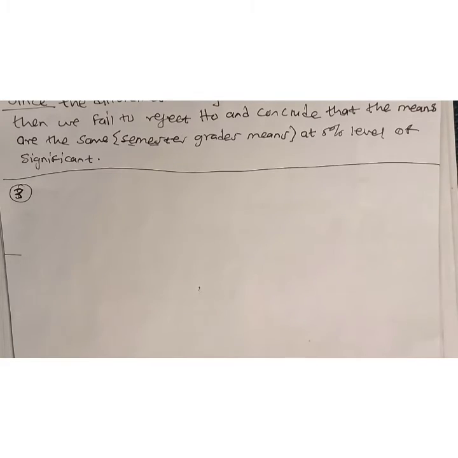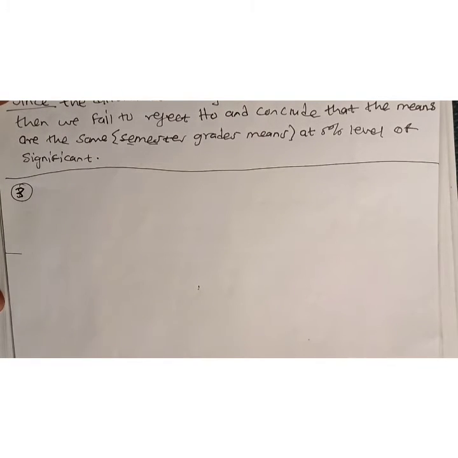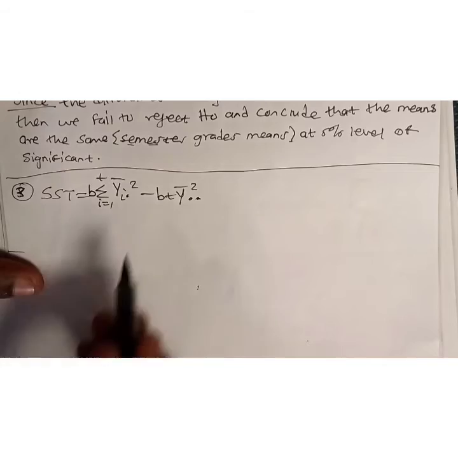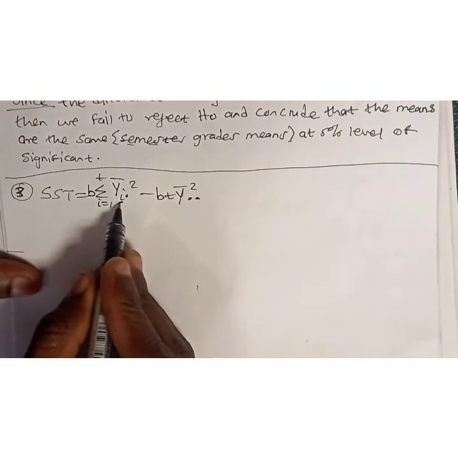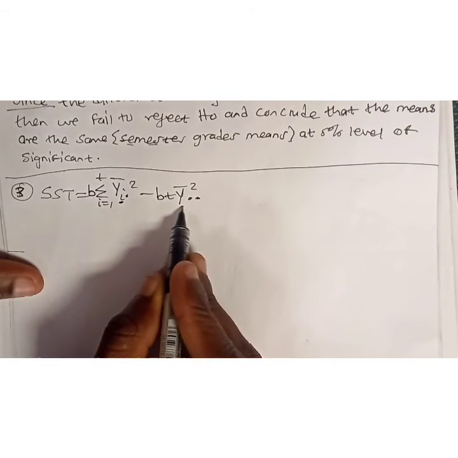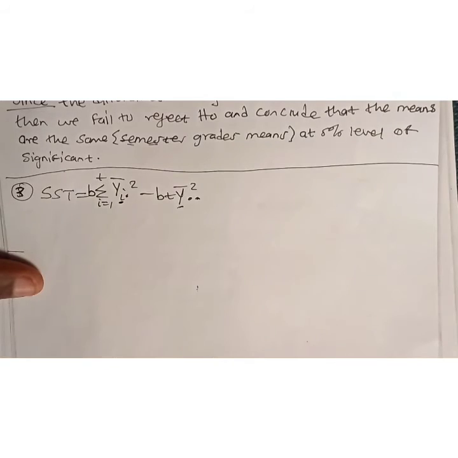First things first, we already have SSE. The only things left to calculate are SST and SS block, and we can do them as follows. Since we know the mean per each treatment and the grand mean, it will be easy to use this formula.